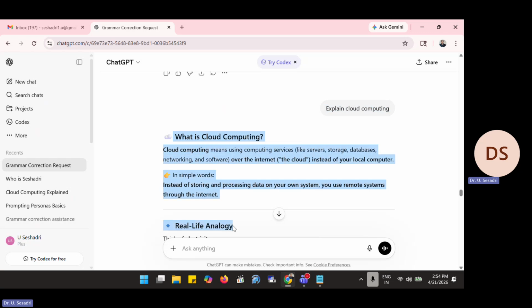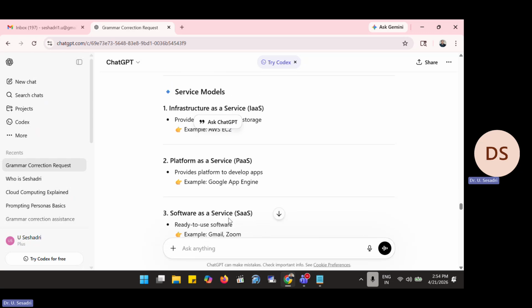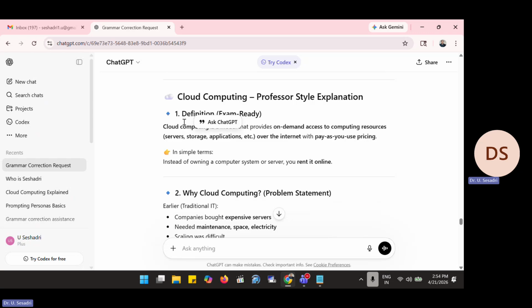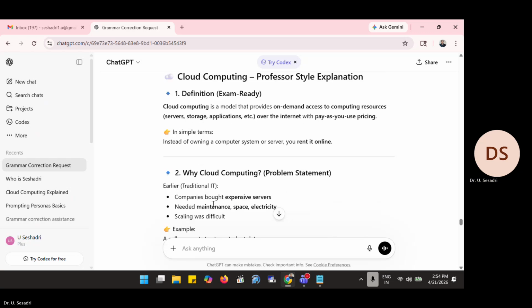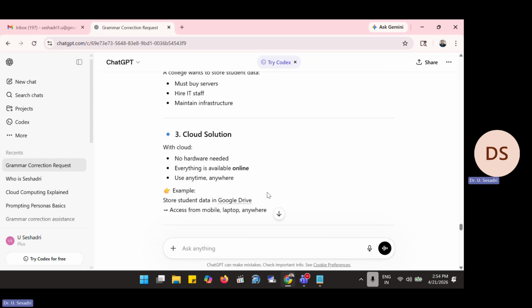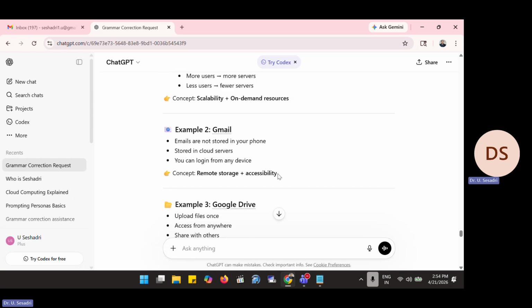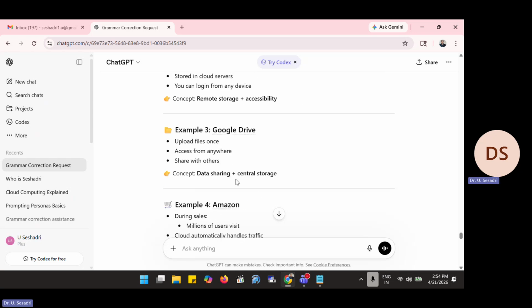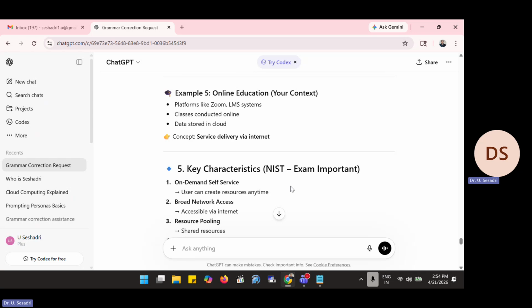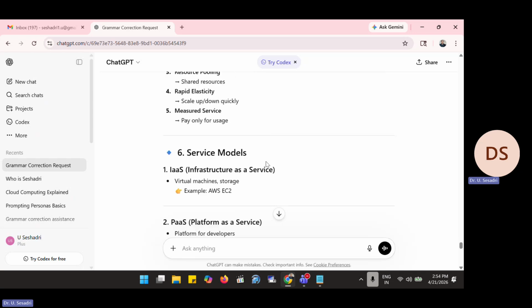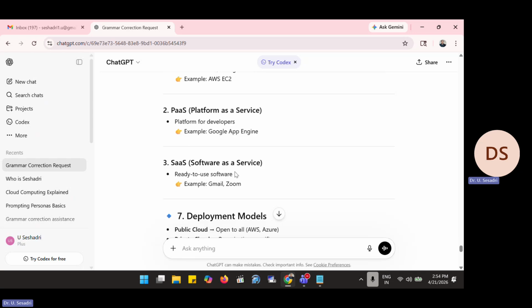When I add the persona to the input, see what result it provides: a definition, why cloud computing, cloud solutions, and real-time examples like Netflix, Gmail, Google Drive, Amazon, online education, with their explanation, and also the characteristics and service models. So here I add the persona to the input, telling the AI to act as a specific person, role, or expert before answering.